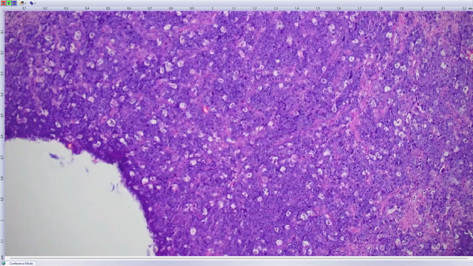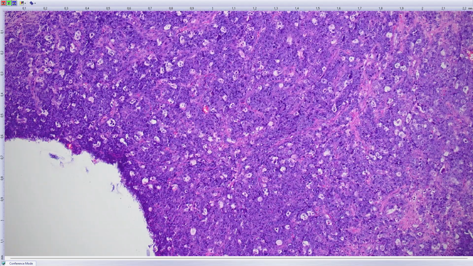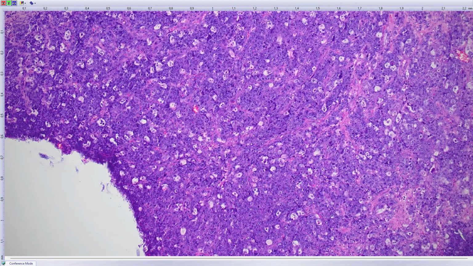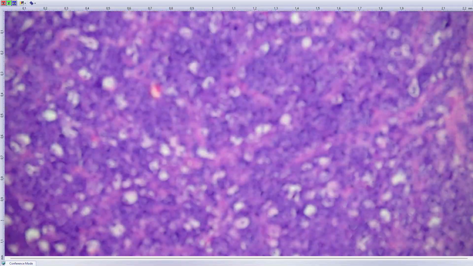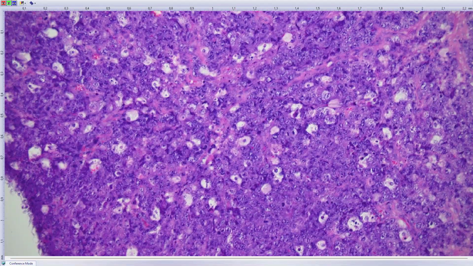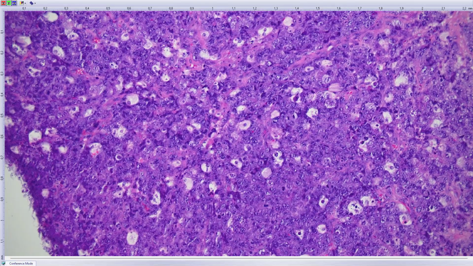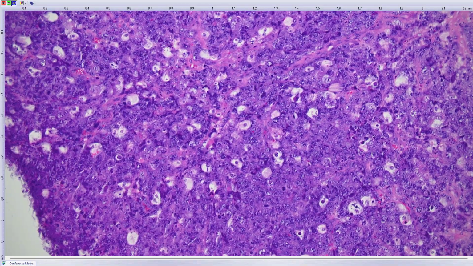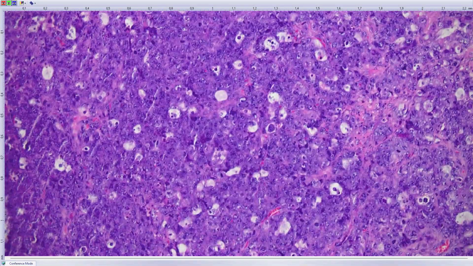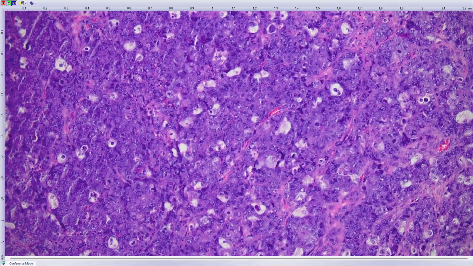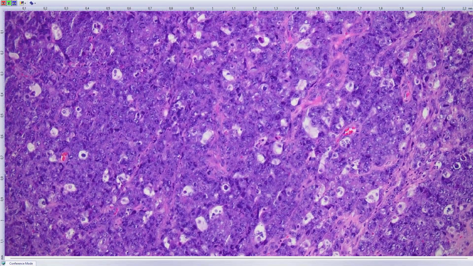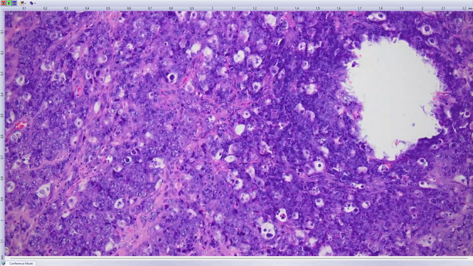And the tumor looks, this is the very original H&E, like really highly malignant, roundish cells with big nuclei, vesicular chromatin, plenty of mitotic figures, apoptotic bodies.